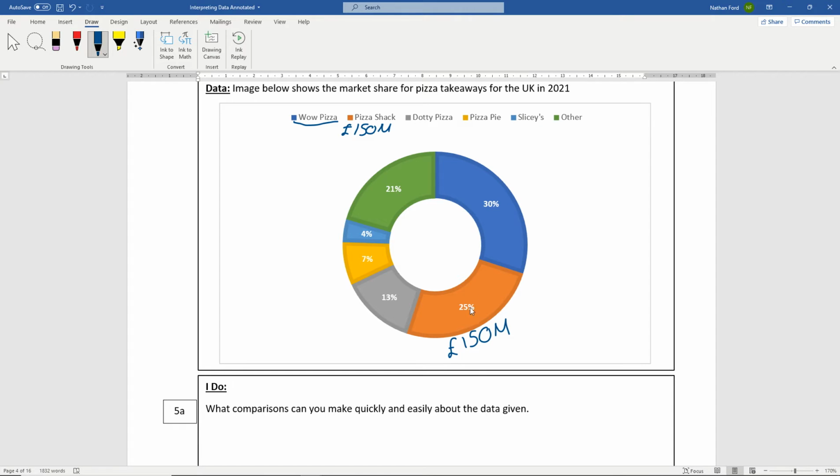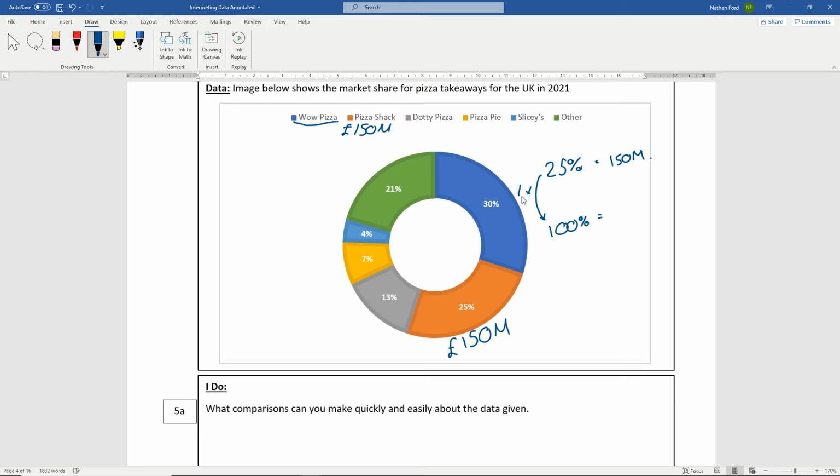Now, if that's 25%, we're going to do percentages later. We want to find out what the total is. Well, the total is 100%. So we can do a number of different things, but the easiest thing is to ask, how do you go from 25% to 100%?